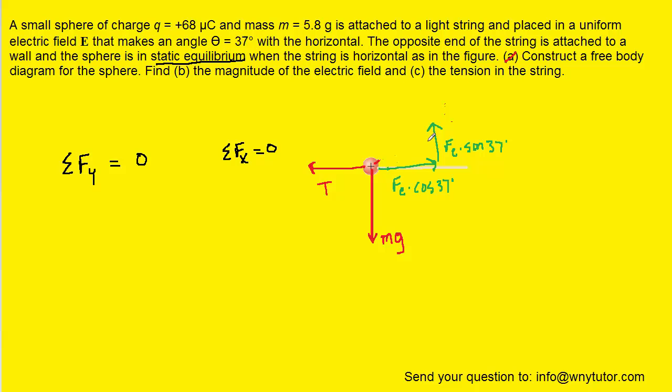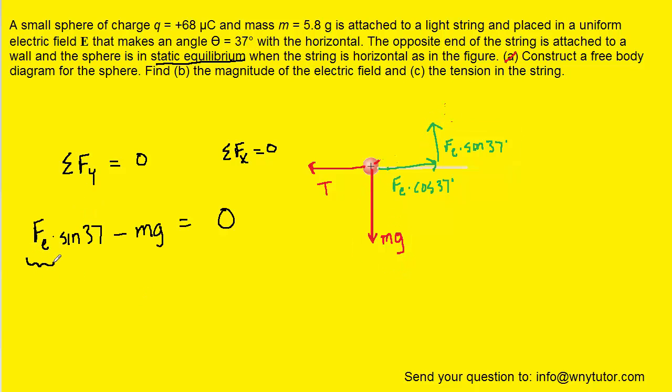Let's begin with the y forces. We can go back to our free body diagram, and we can see that there are two forces acting in the y direction. We have the y component of the electric force and the gravitational force. Note that the y component of the electric force is pointing upward, so it's going to be positive, and then the gravitational force is downward, so it's going to be negative. We're going to fill those two y forces into this equation over here.